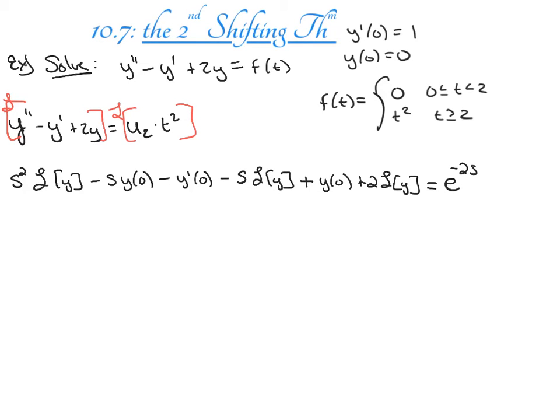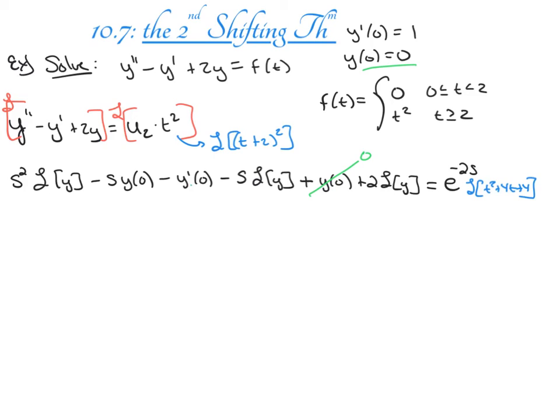T squared doesn't have the correct shift, so we have to do the Laplace of t plus 2 squared, which is going to be the Laplace of t squared plus 4t plus 4. Okay, let's keep going. What cancels here? Oh, all of my y of zeros cancel.